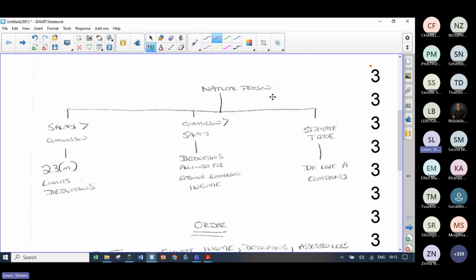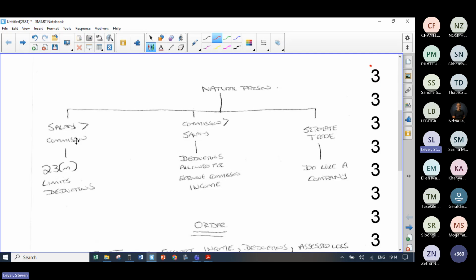The next one, guys, natural persons. I need you to understand that when you look at a question, you need to ask, is your salary bigger than your commission? If your salary is bigger than your commission, Section 23M of the Act limits the deductions that you can get. And I'm going to apply this to the board question now. So if your salary is bigger than your commission, what does 23M say?